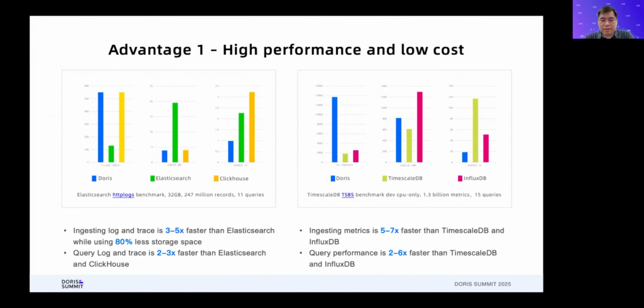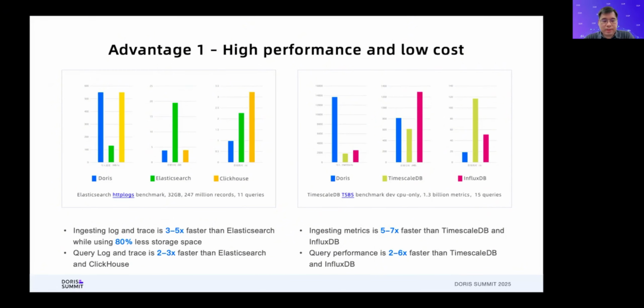What are the benefits of this architecture? The first and most important one is high performance and low cost. We compared with Elasticsearch, ClickHouse, and time series databases. For log and trace data, we used the Elasticsearch official HTTP logs benchmark. We see that the ingestion performance is 3 to 5 times faster than Elasticsearch, and we use 18% less storage space.